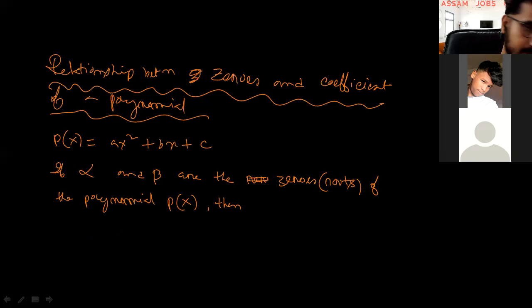then it is very important. Now see, p(x) is a quadratic polynomial, and alpha and beta are the zeros or roots of this polynomial. So the sum of the roots, that means alpha plus beta, will be minus b by a.